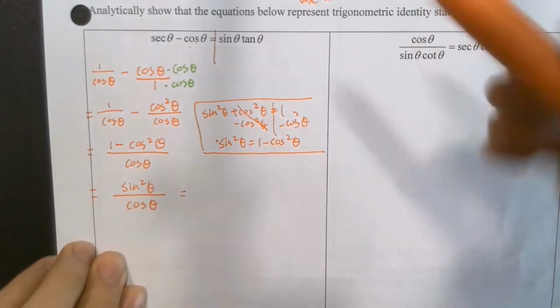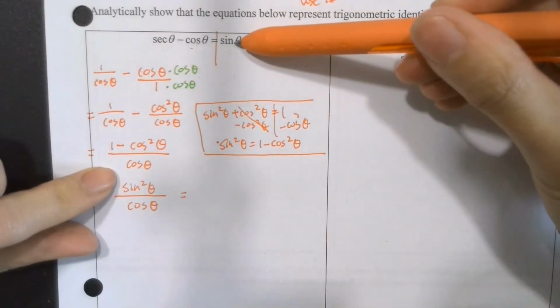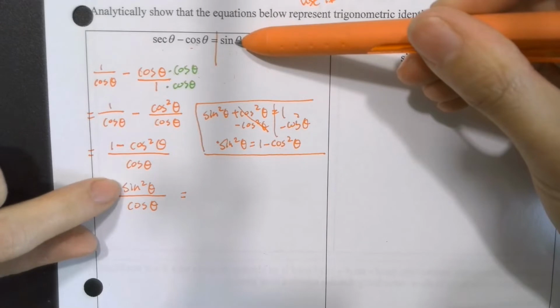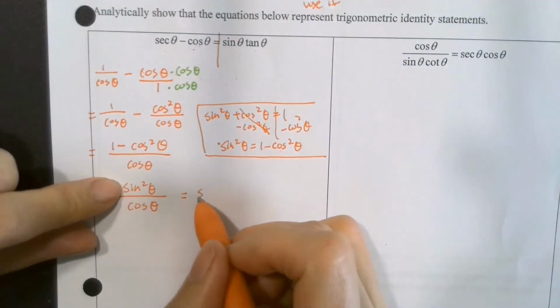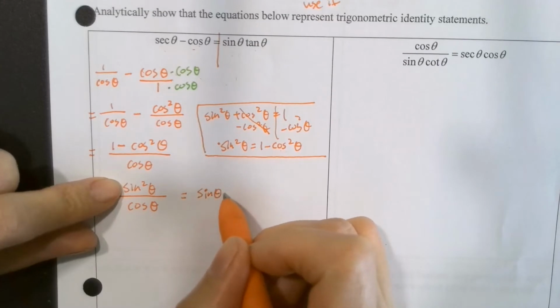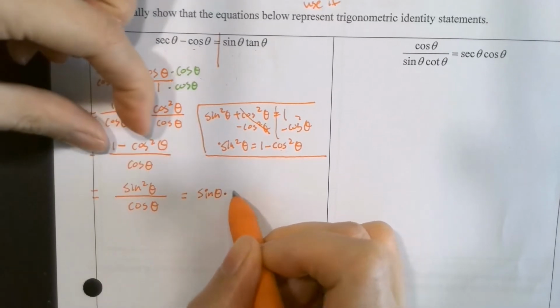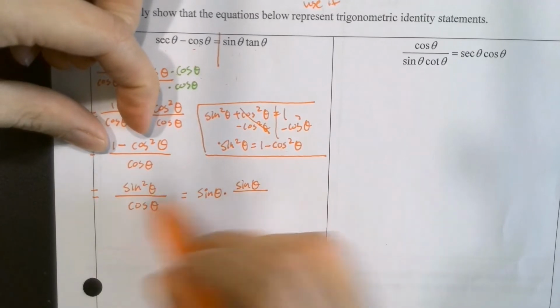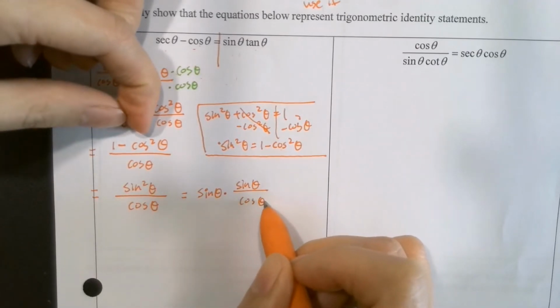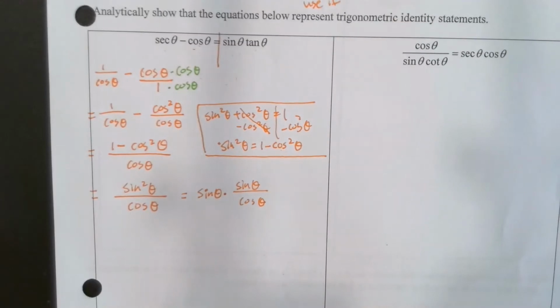Alright guys, notice that in my final answer, I want to have a sine by itself. Right now I have a sine squared theta. What I'm going to do over here is separate sine theta by itself. Then what do I have left on the numerator? I have another sine theta left on the numerator divided by cosine of theta. Right? Because they're still the same expression.